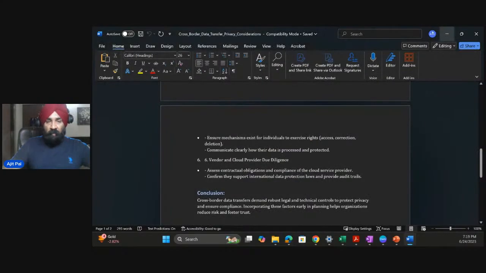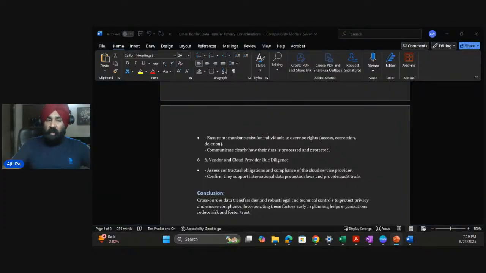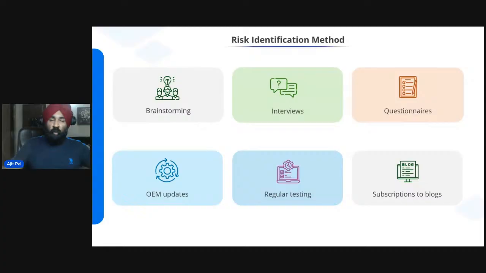So these are the two methods which you can use for risk identification. And there are other methods also, like brainstorming, where you call people who have knowledge, and then you work together and identify the risk.